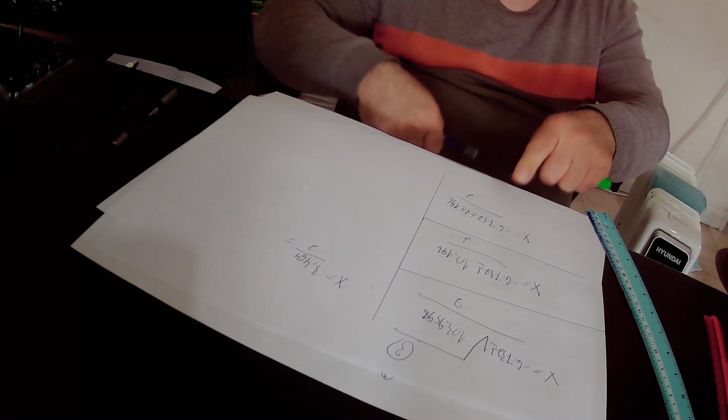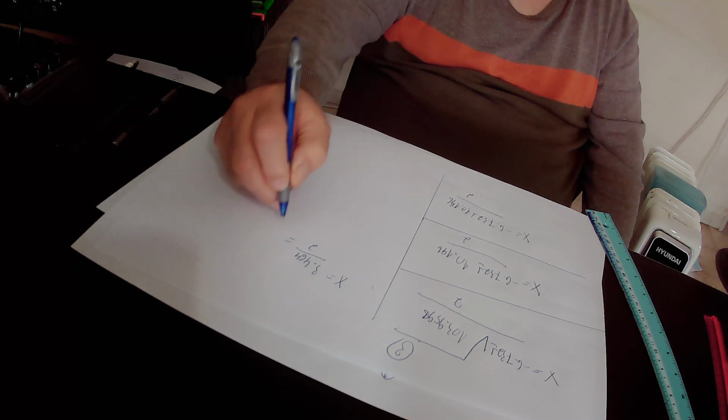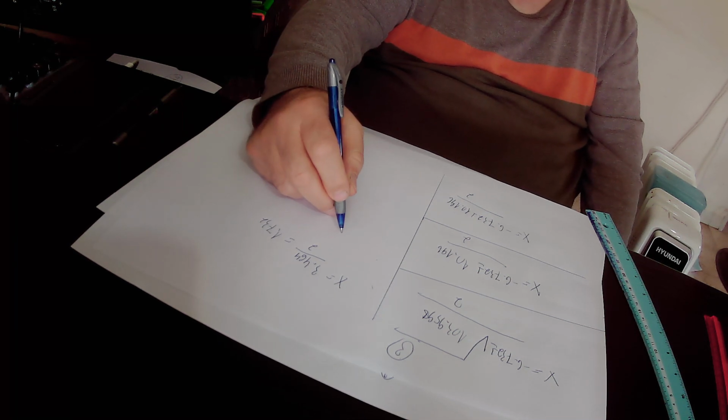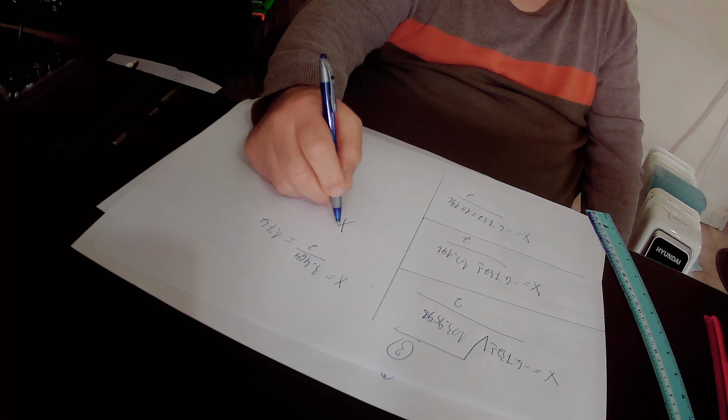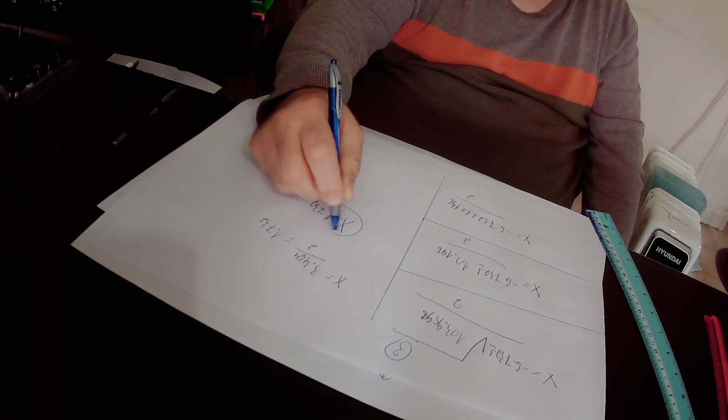So 3.464 over 2 is equal to 1.732. So in conclusion, we found out that x equals 1.732 units.